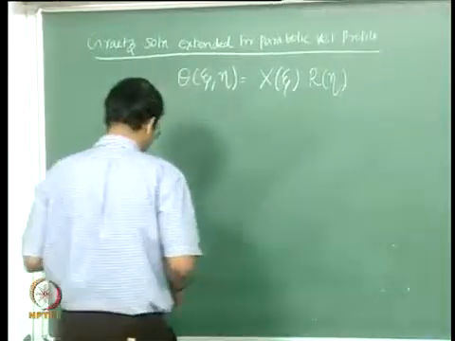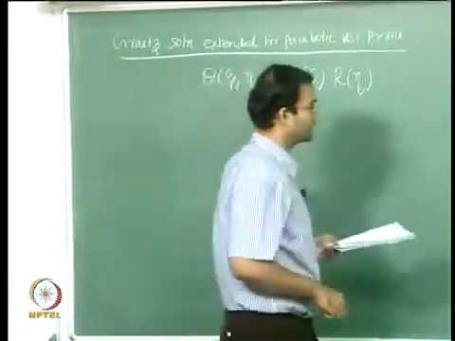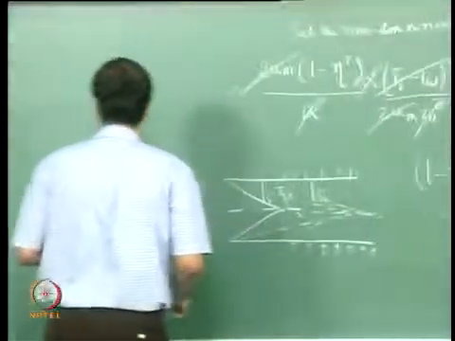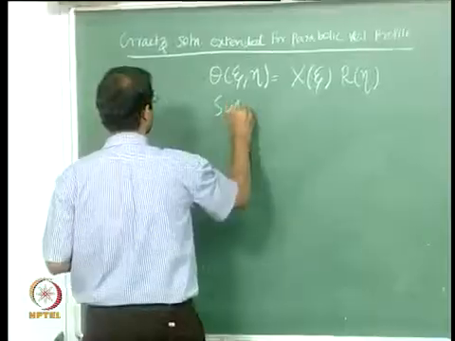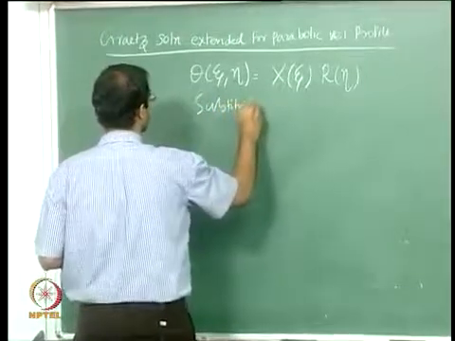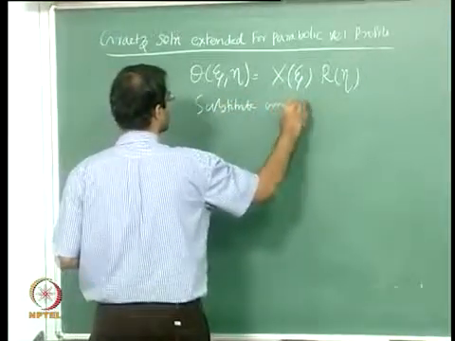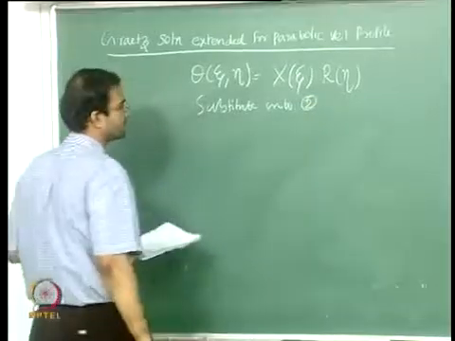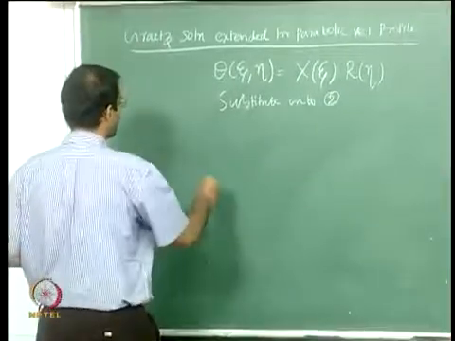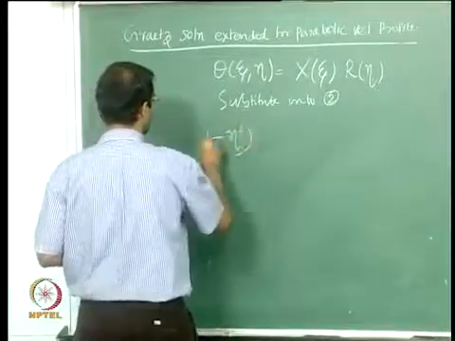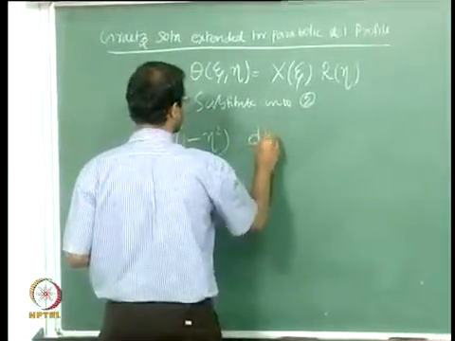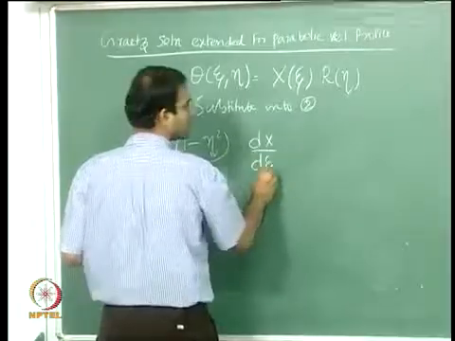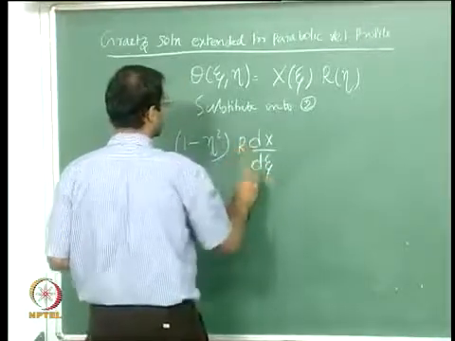If you substitute this into equation number 2, you end up getting 1 minus eta square into dX by d zeta, and R is constant.